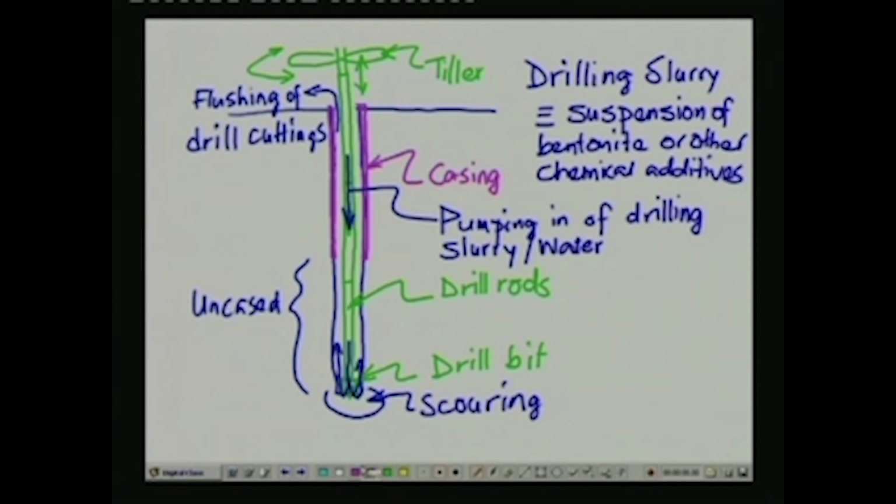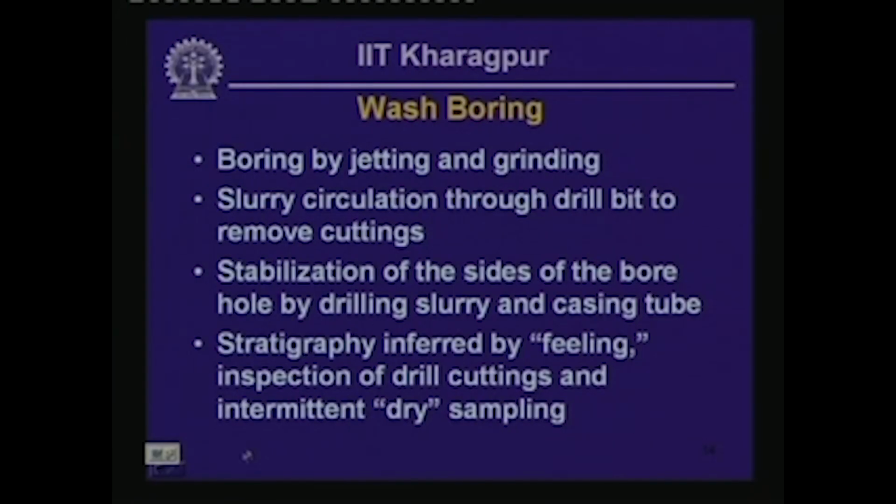Now, we want to also look at what are the advantages and disadvantages of this particular procedure. What we are looking at in this case is the boring within a relatively shallow layer. Washboring typically extends to not more than say 50 feet or say 15 or 20 meters.